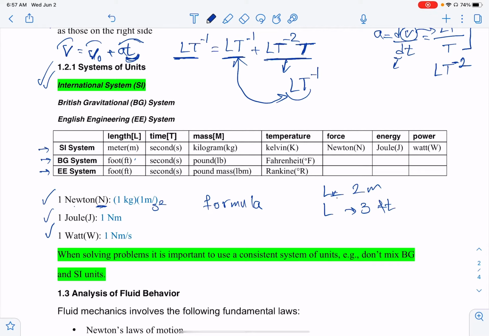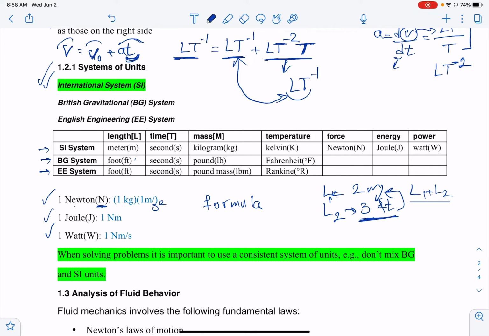This is L1 and this is L2, and if I want to get L1 plus L2, I need to convert one of them to the other. I can convert the 3 foot to meter and then add them together, or convert 2 meter to foot and then add them together.